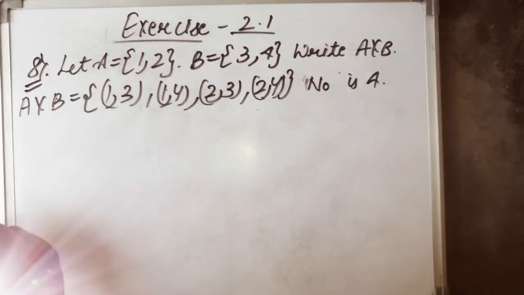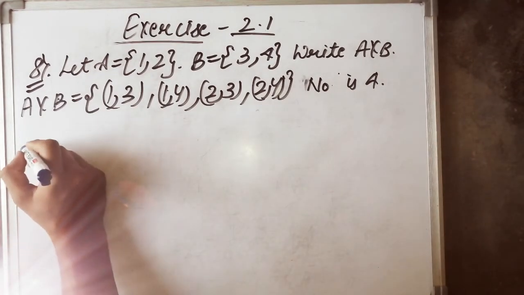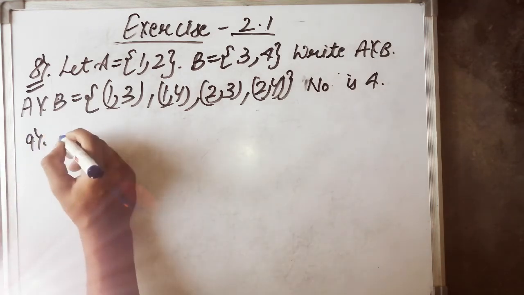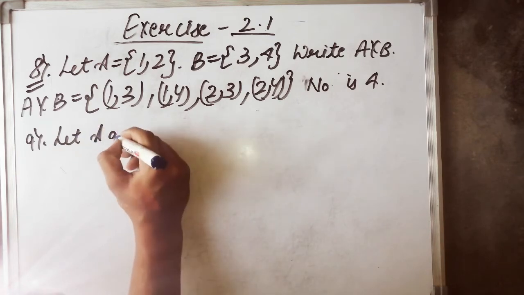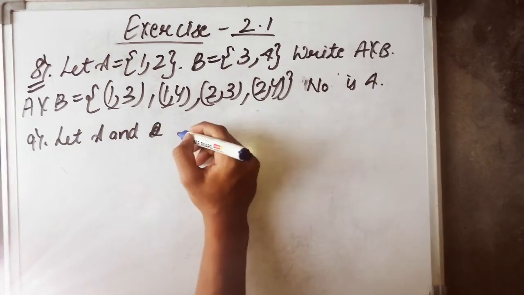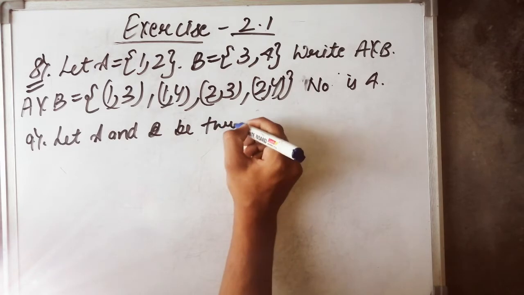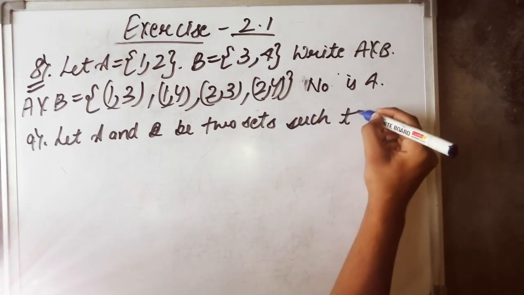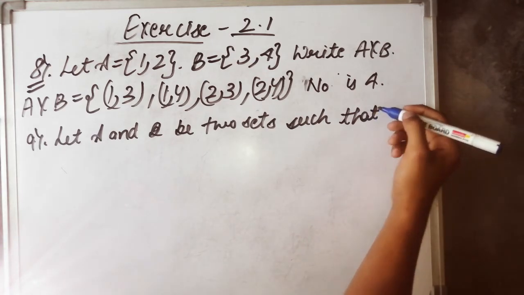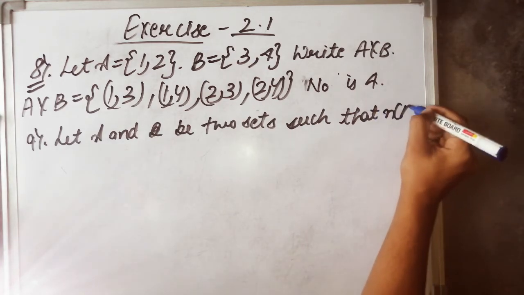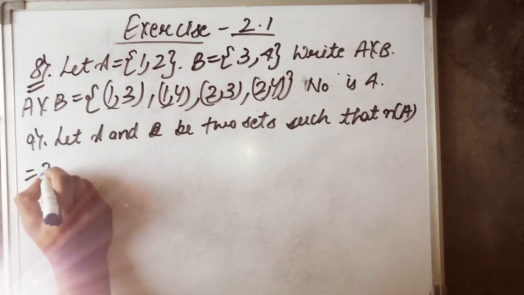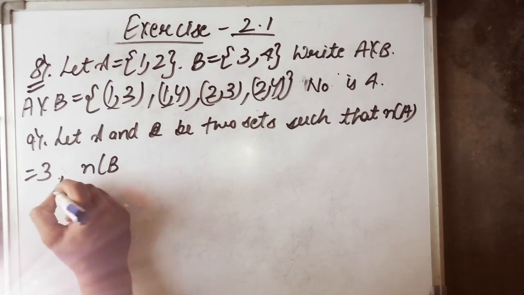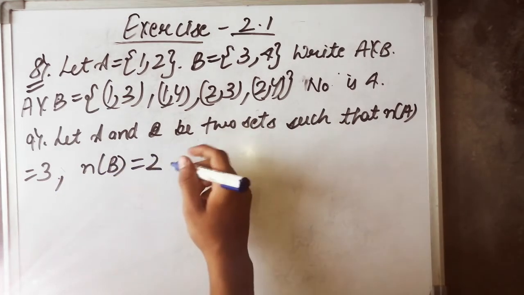Okay, now let's have a look at the 9th example, which is the 9th question. Let A and B be two sets such that n(A) equals 3 and n(B) equals 2.